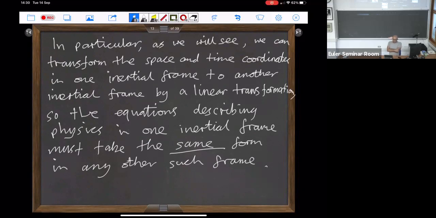As we will see, since we can transform the space and time coordinates from one inertial frame to another by a linear transformation, a Lorentz transformation, the equations describing the physics in one inertial frame get transformed to some equations in the other inertial frame, but you'll be able to see that those equations are actually identical, if they're equations for physical laws, like, for example, as we will see, Maxwell's equations.